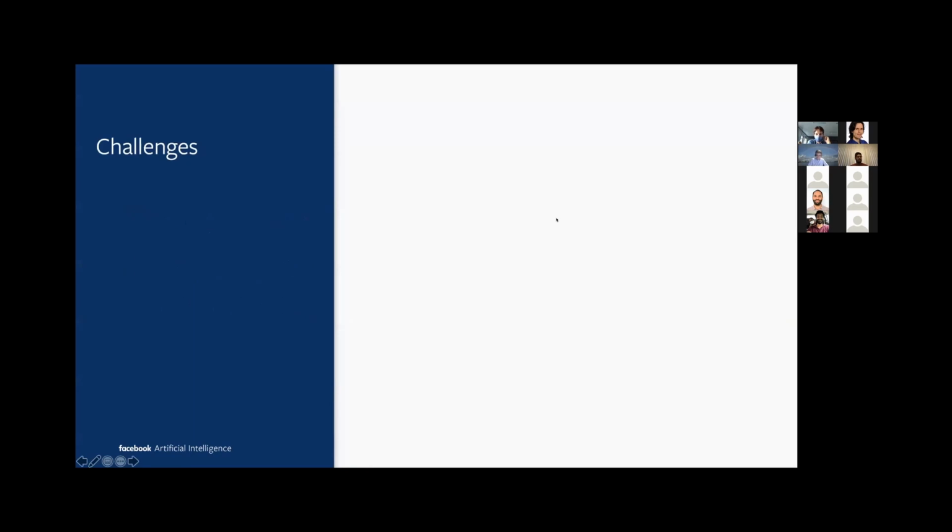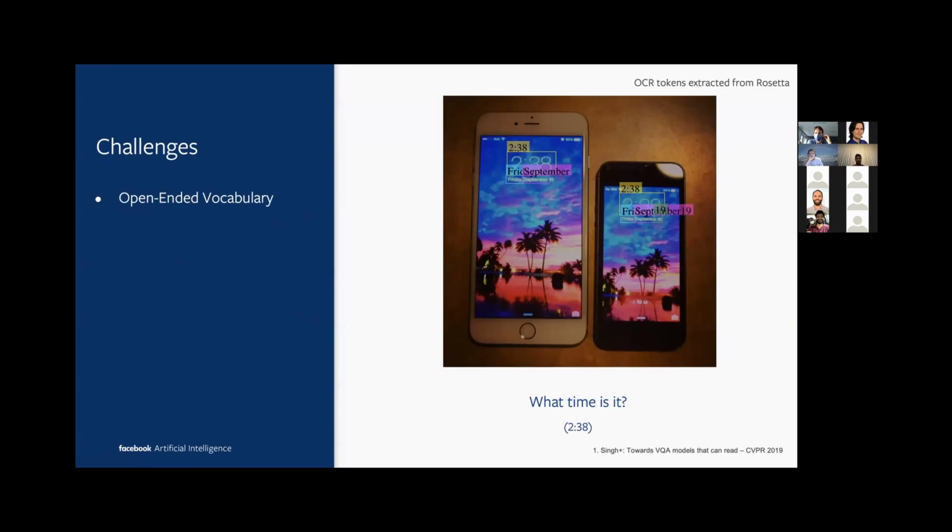So let's figure out some challenges in these datasets, or in scene text reasoning in general. The first major issue was open-ended vocabulary. Text in the image can really be anything, so you can't comprehend it inside a fixed vocabulary and just predict the text as it is.